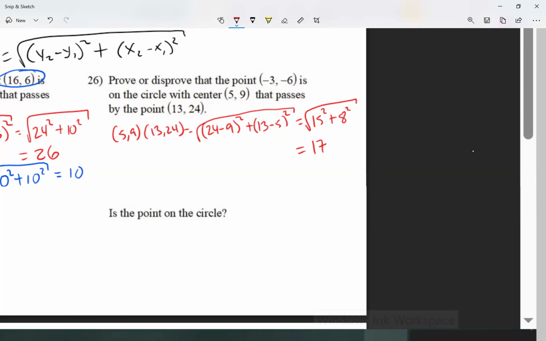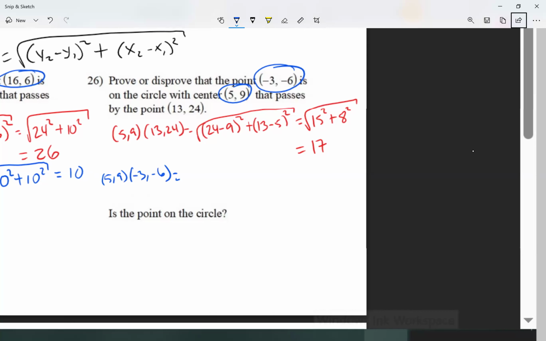Okay. Now let me find the distance between the center and the other point. If my distance is equal to 17, which is the radius, then the point is on the circle. If my distance is not 17, then the point is not on the circle. So again, I'm looking at the distance between the points (5, 9) and (-3, -6).